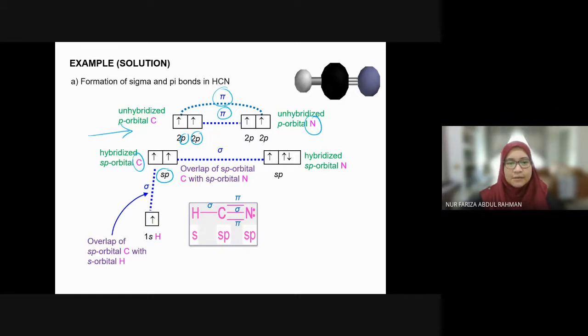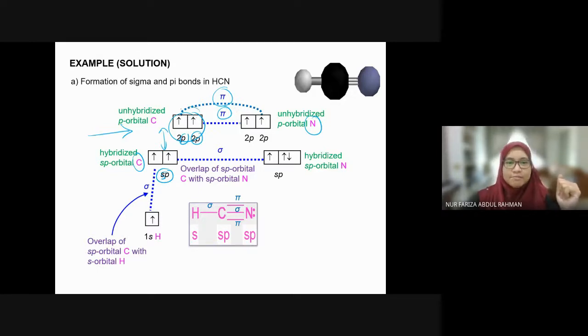The reason dia dekat bawah sebab p before it hybridizes, the energy is higher than the sp. The sp is the hybridized version of the orbital, betul tak? When it hybridizes, the energy of the hybridized orbital is lowered or reduced. That's why the energy here is different. P has higher energy than the sp hybrid orbital.